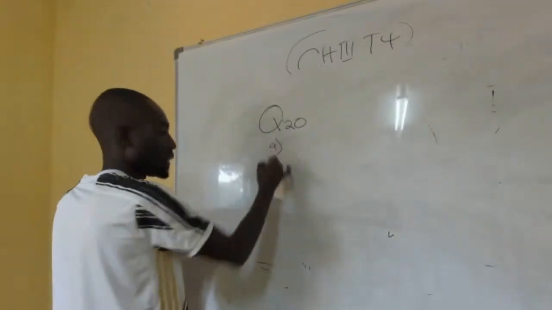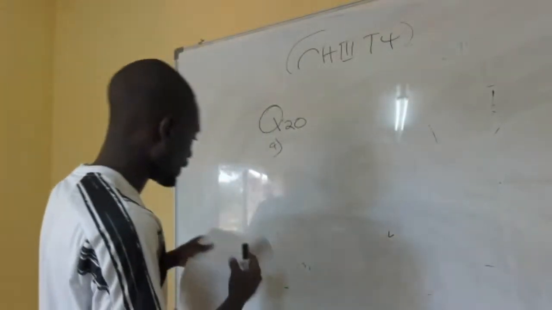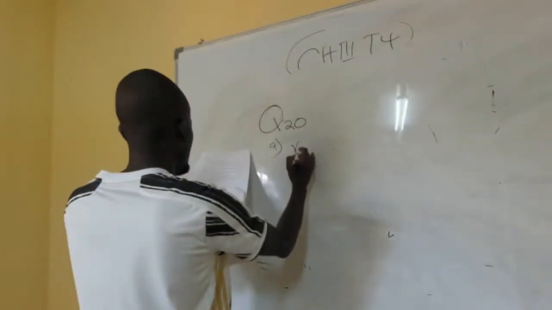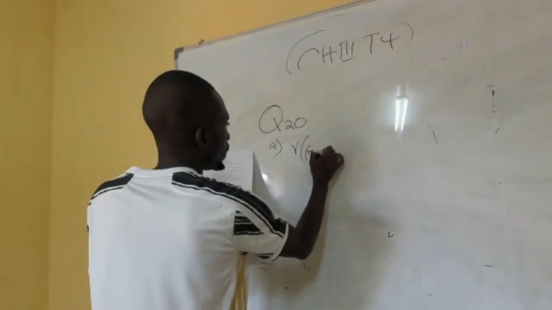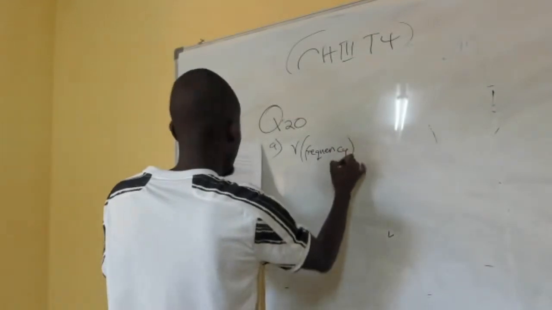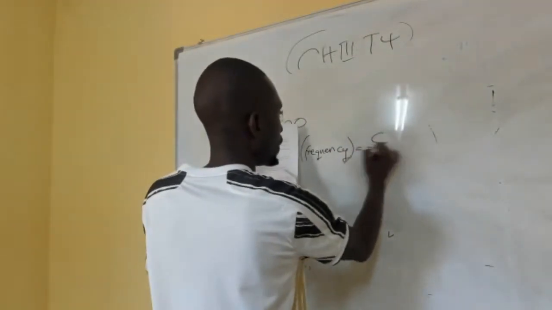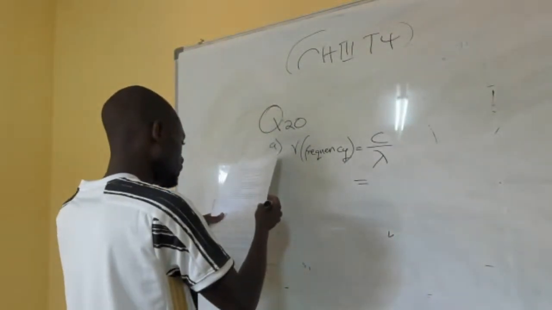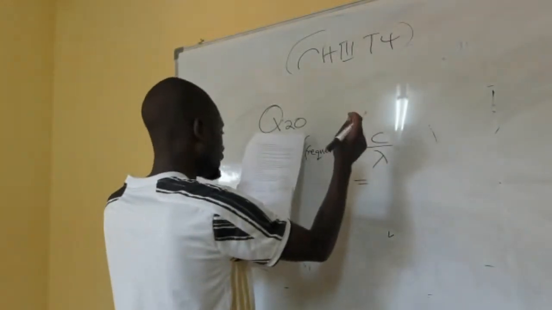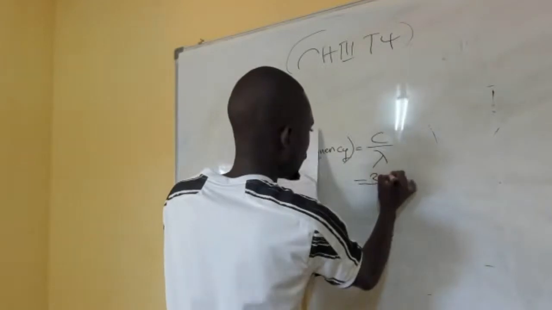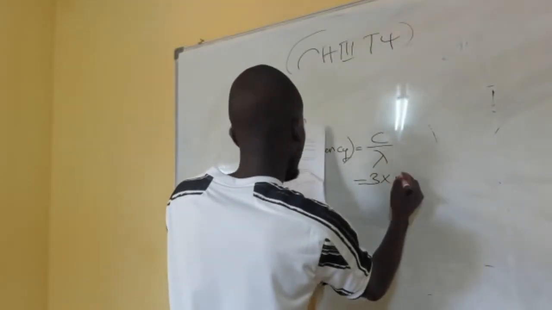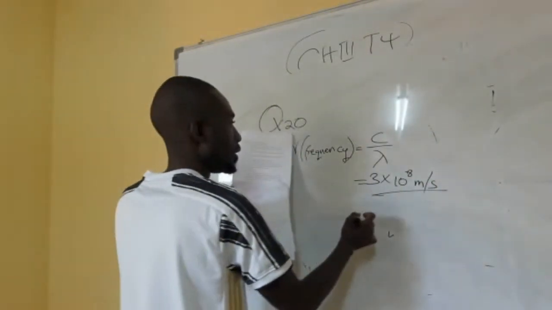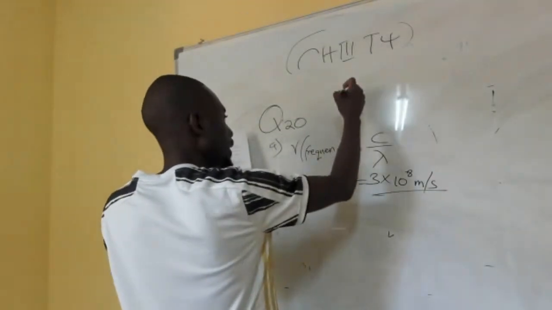So we have A. A, what are they saying? They are saying frequency. Frequency is c over lambda. Looking at what we have, we know the speed of light, times 10 to the power 8 m per second, over the wavelength.